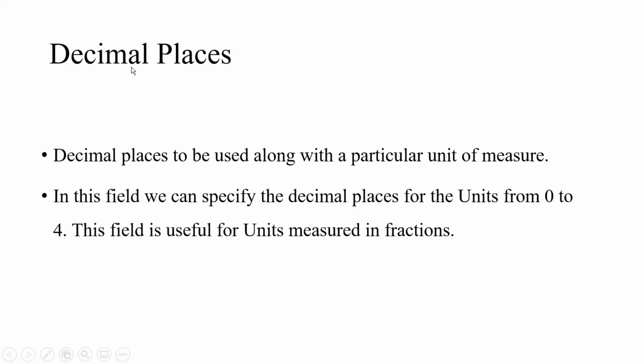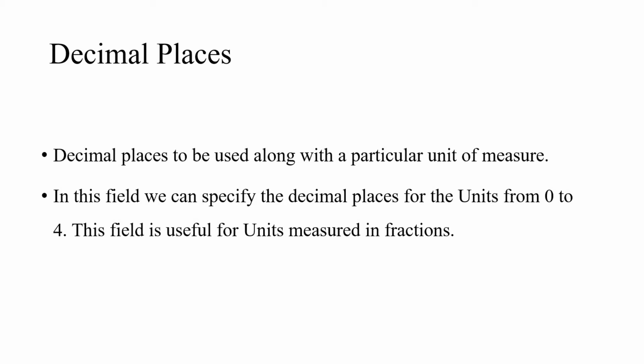Next is about decimal places, the decimal places to be used along with a particular unit of measure. For example, suppose I take grams, 10.75 grams. In that case, we require the decimals, correct? We don't use decimals for all the units, but for certain units we will be using decimal places.